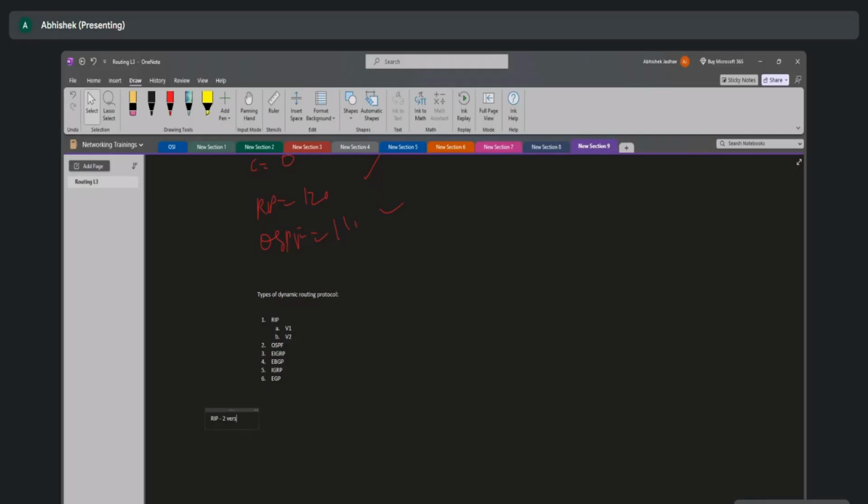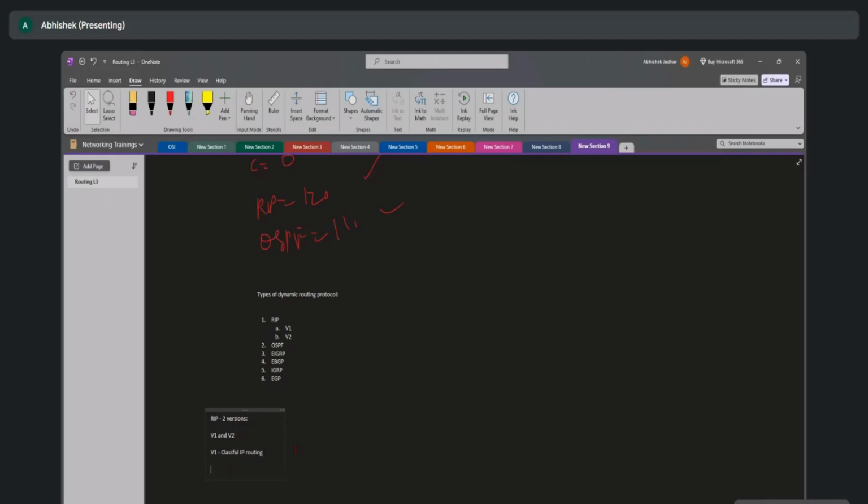What is the difference between version 1 and version 2? So version 1 generally supports classful IP routing. What is classful?